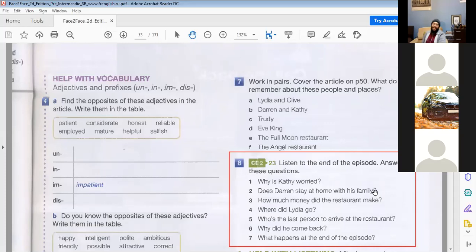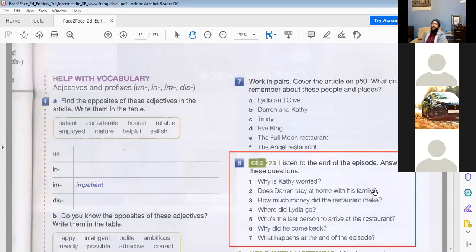Okay, so here number 4. It says who's the last person to arrive at the restaurant? Who's the last person? Nick. Nick was the last person, correct. But why did he come back? Yes. To see her daughter. To see his daughter. To see his daughter. That's right. Right.